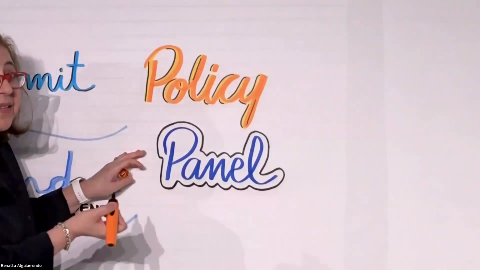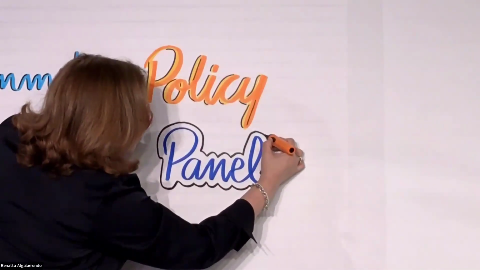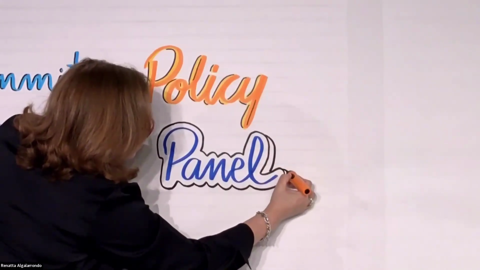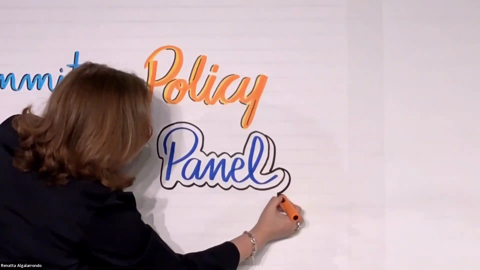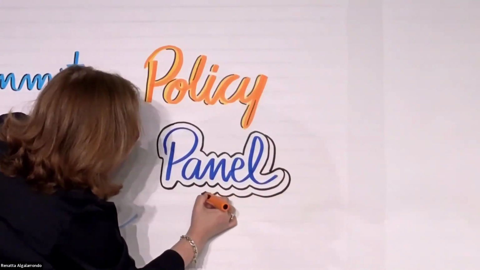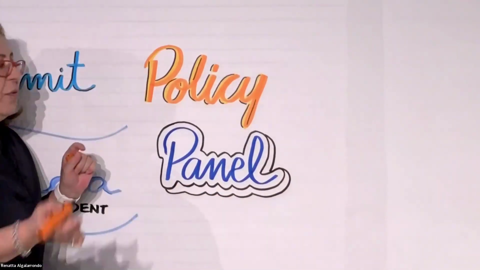Now we're going to add a drop shadow on the right side. And underneath. Right? Now we're going to fill it in with black.